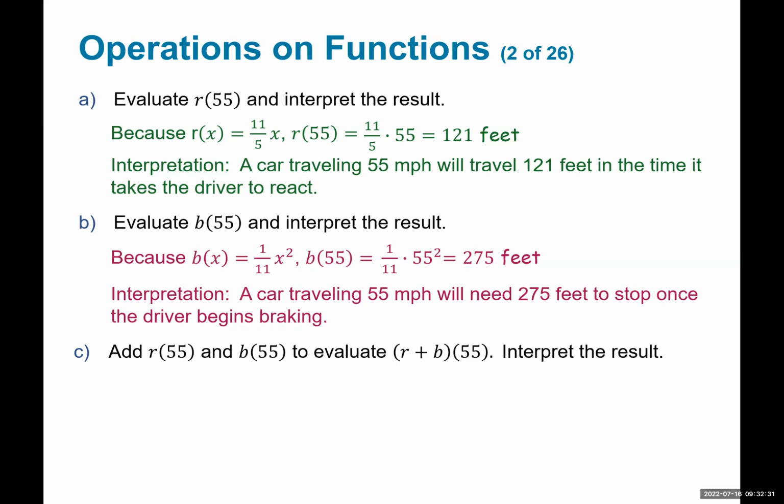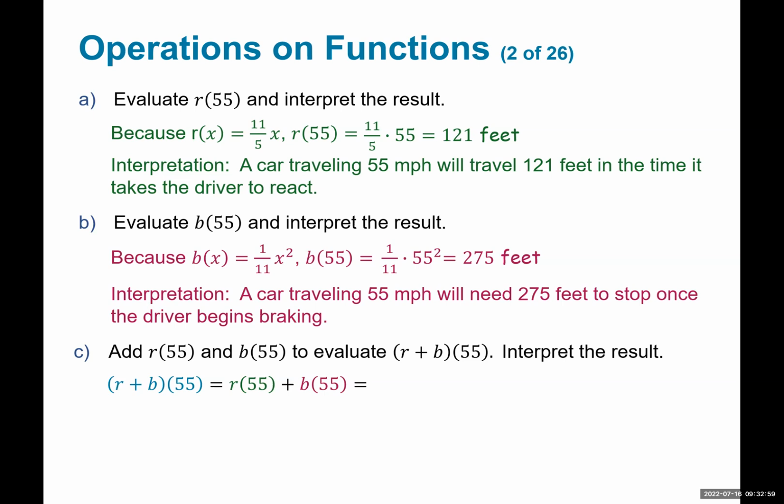So let's say a car driving 55 miles per hour sees something in the road. It would take them a total of 396 feet to stop, because first they have to take 121 to realize that they need to stop and apply the brake. As soon as they apply the brake, there's still another 275 feet that they have to travel before the car comes to a complete stop.